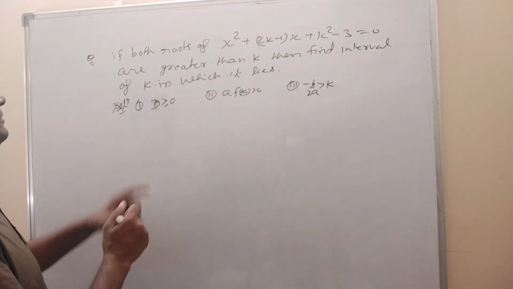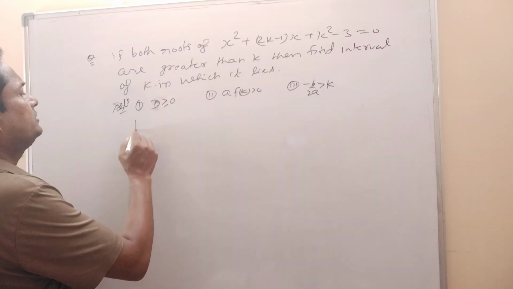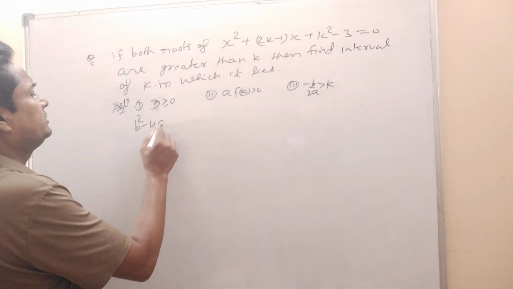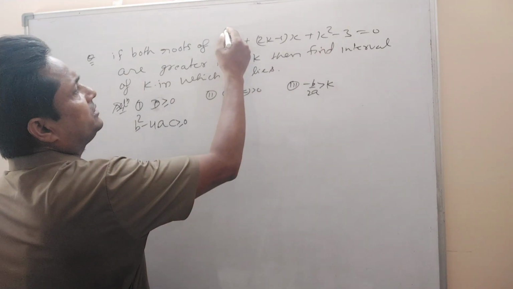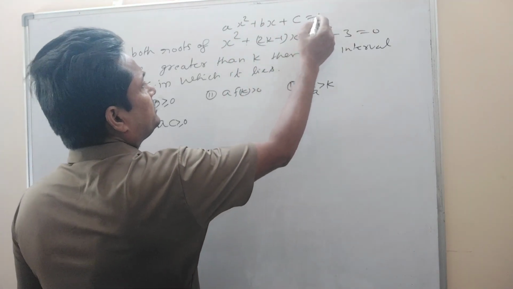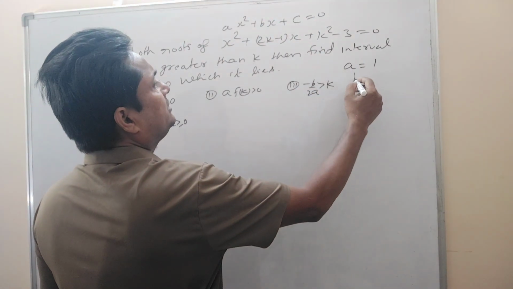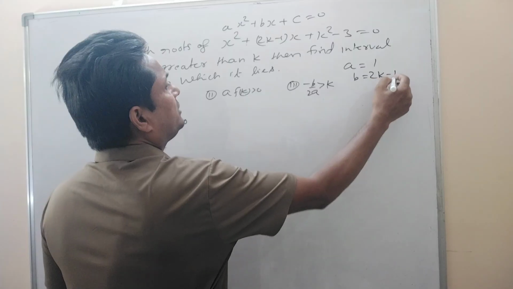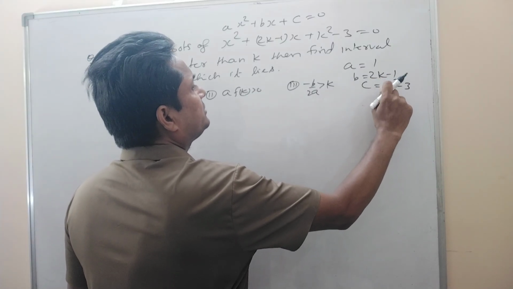So let's solve first D greater than or equal to 0. So this is b square minus 4ac greater than or equal to 0. If we compare this equation with ax square plus bx plus c is equal to 0, we will get a is equal to 1, b is equal to 2k minus 1, and c is equal to k square minus 3.